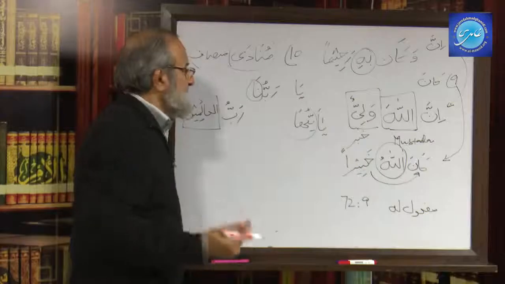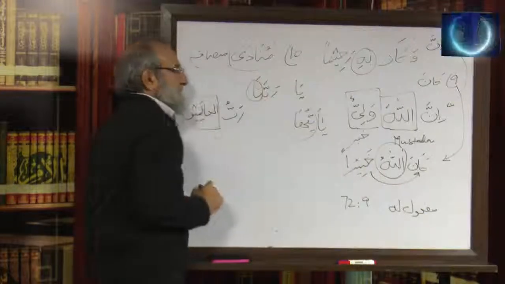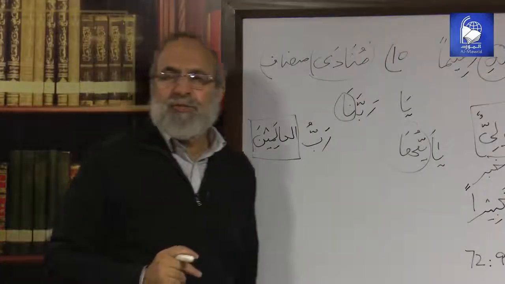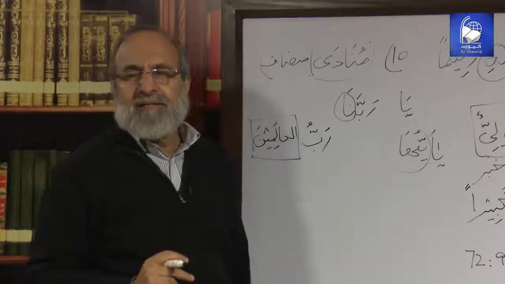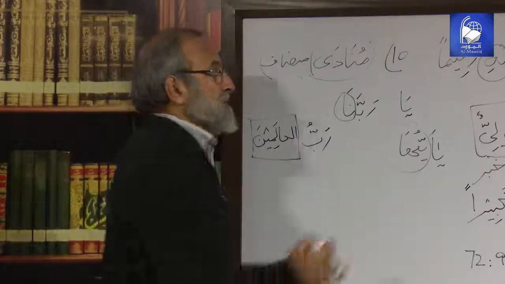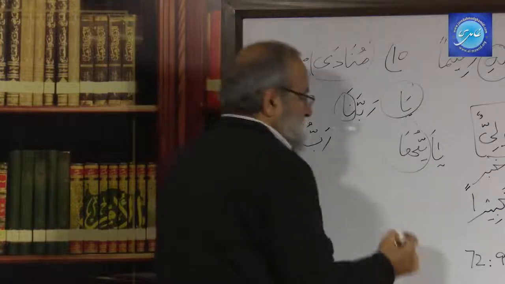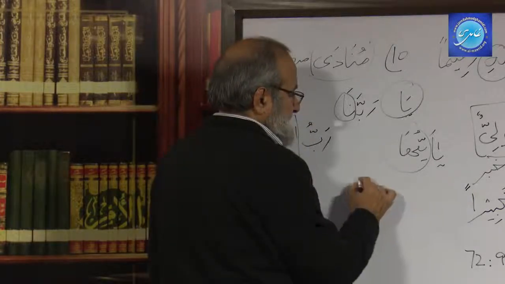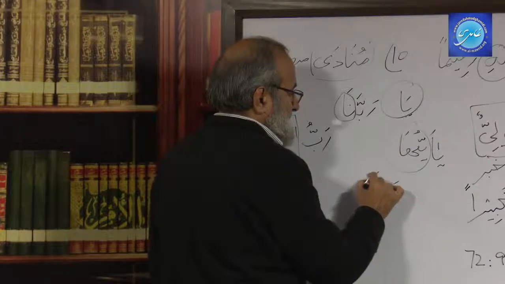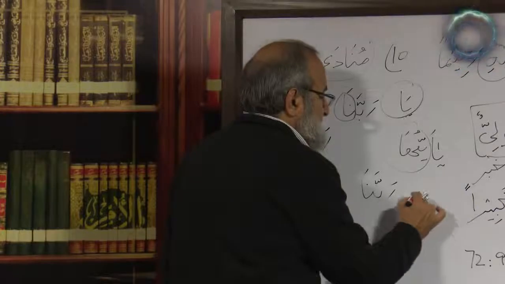But what I'm saying is that if you have a mudaf whose attention is being sought, who is being called by somebody, then it would become nasab, ya rabbana. So ya rabbana is rab with a nasab because of ya, which is actually the calling noun. Quite often we have prayers wherein we say rabbana atina fid dunya, even though there is no ya preceding it.